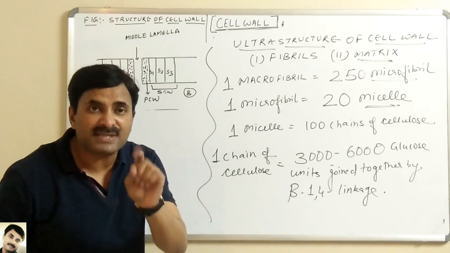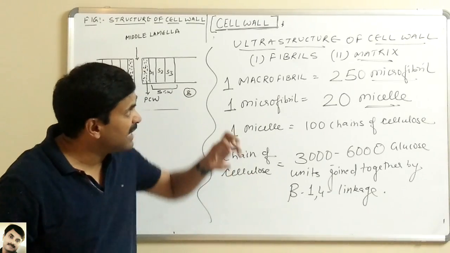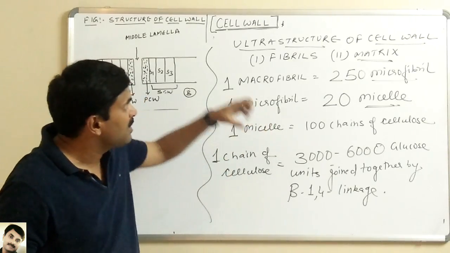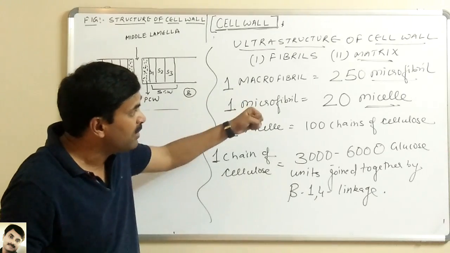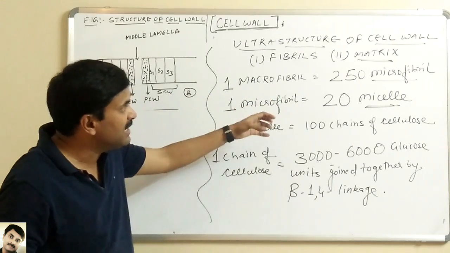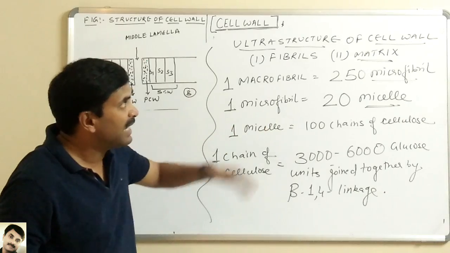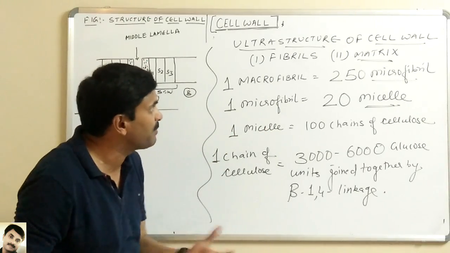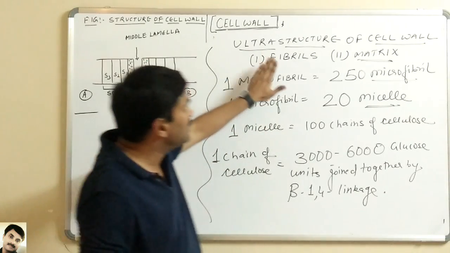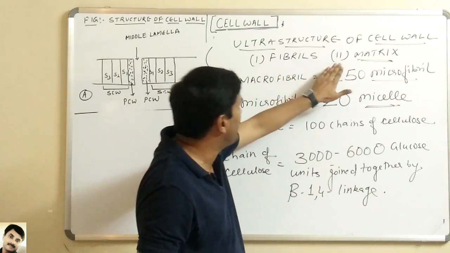The structure of the cell wall never suggests where the cellulose is present, but the ultrastructure of the cell wall shows clearly where cellulose is present, and it also suggests that the cell wall is made up of cellulose. Again, the ultrastructure of the cell wall is made up of fibrils and the matrix.